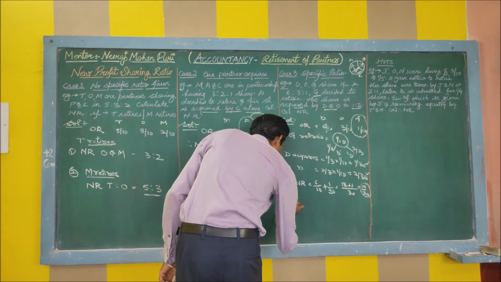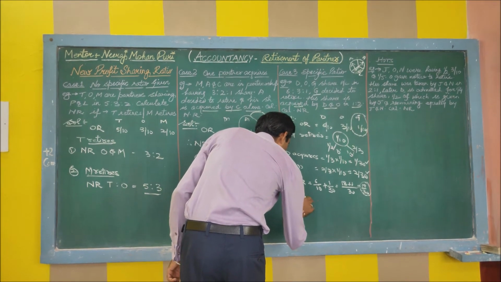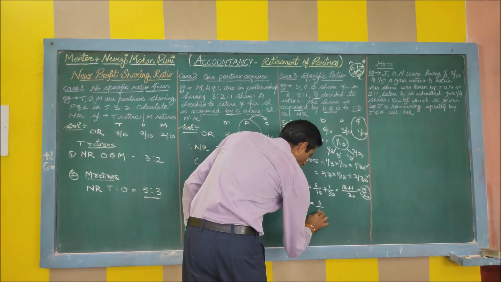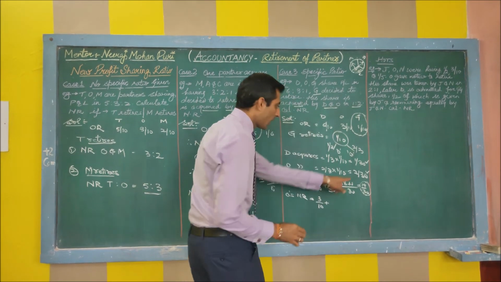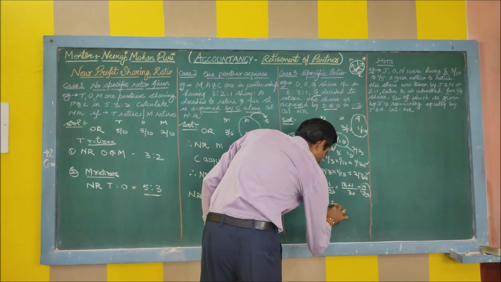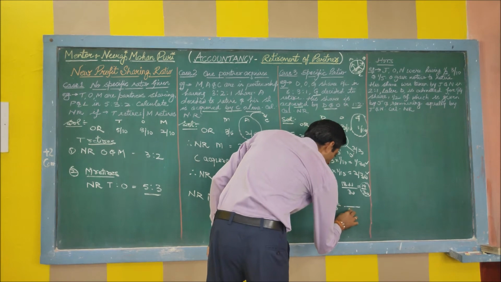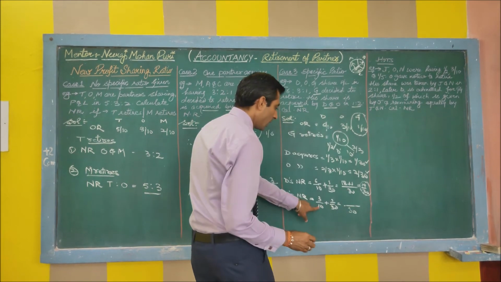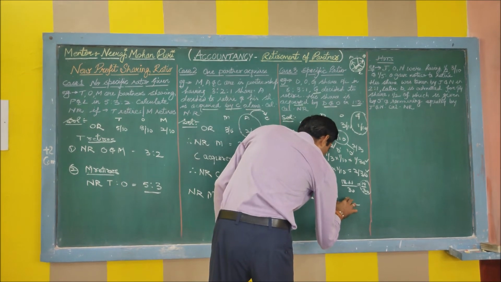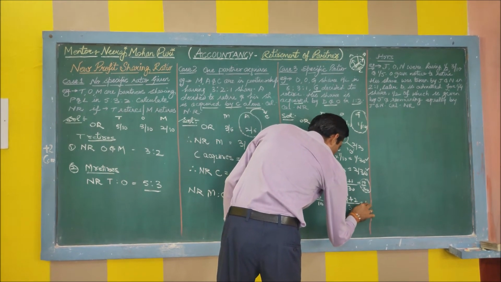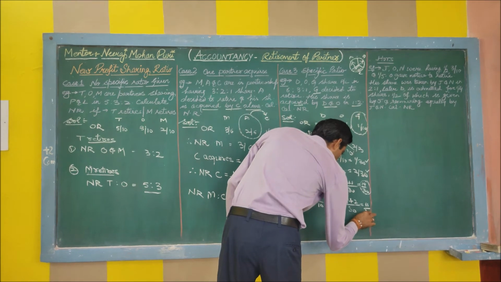Similarly, O's new ratio will be the old share. O's old share is 3/10 plus how much did O acquire? We add 2/30 from here, and then take the denominator 30. 3 into 3 is 9 plus 2 is equal to 11/30.